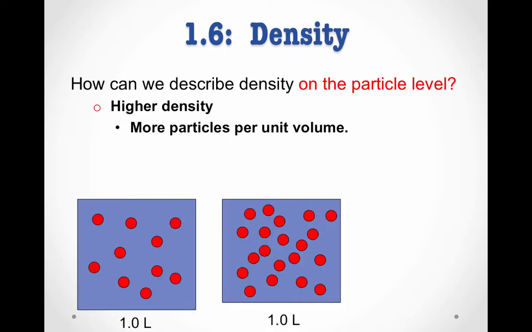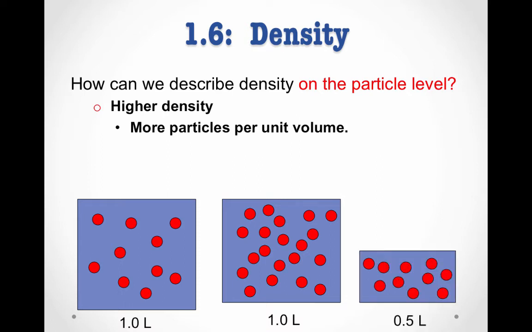So compare these two samples. They're both 1 liter, so they have equal volume, but in this sample, we have far more particles than in the sample on the left, making this sample on the right more dense than the sample on the left, because there's more mass in the same volume.